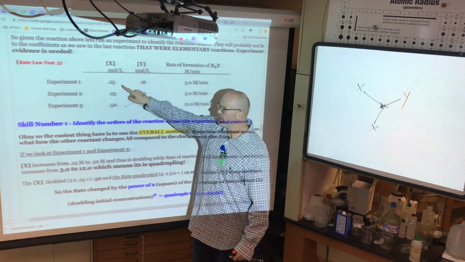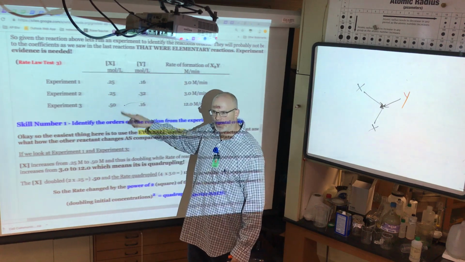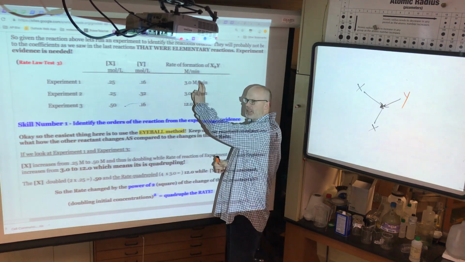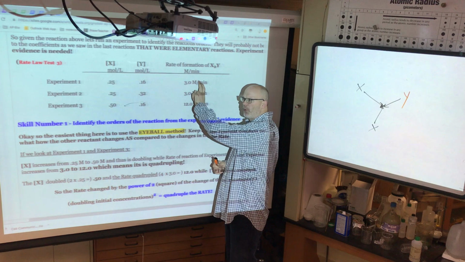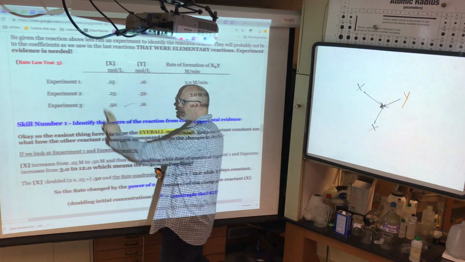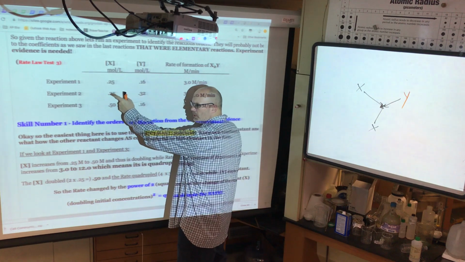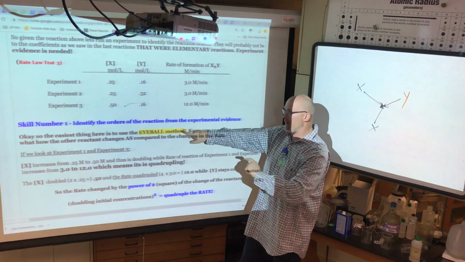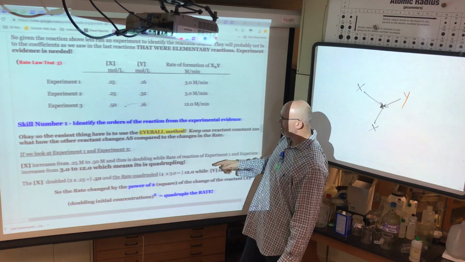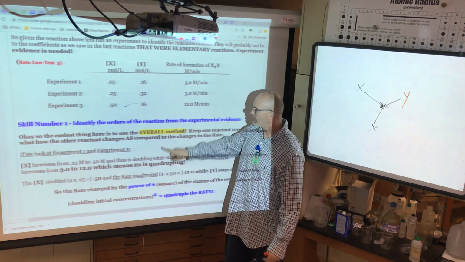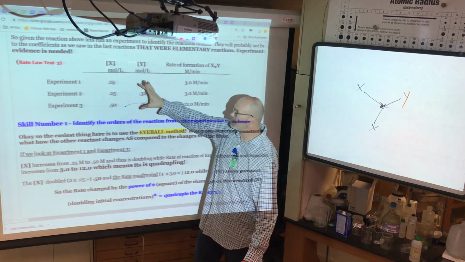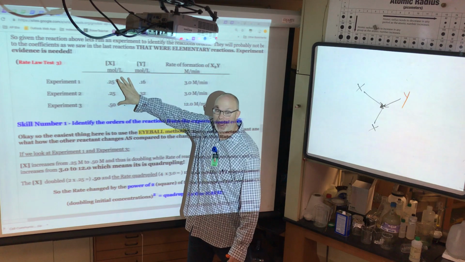And this doubled. Whoa! The rate went up 4 times, while this went up 2 times. Isn't 4 the result of squaring a 2? So by the eyeball method, this means that the rate is equal to k times the change here squared.